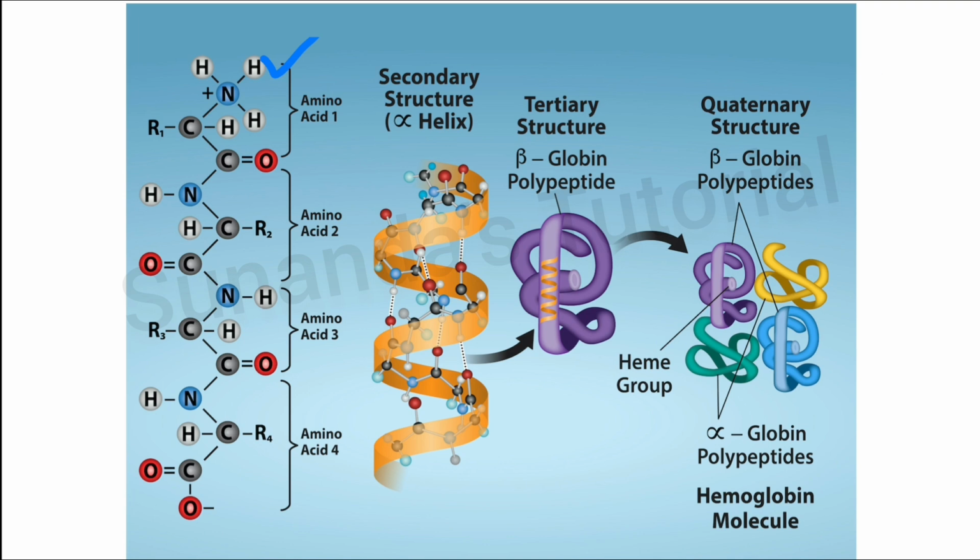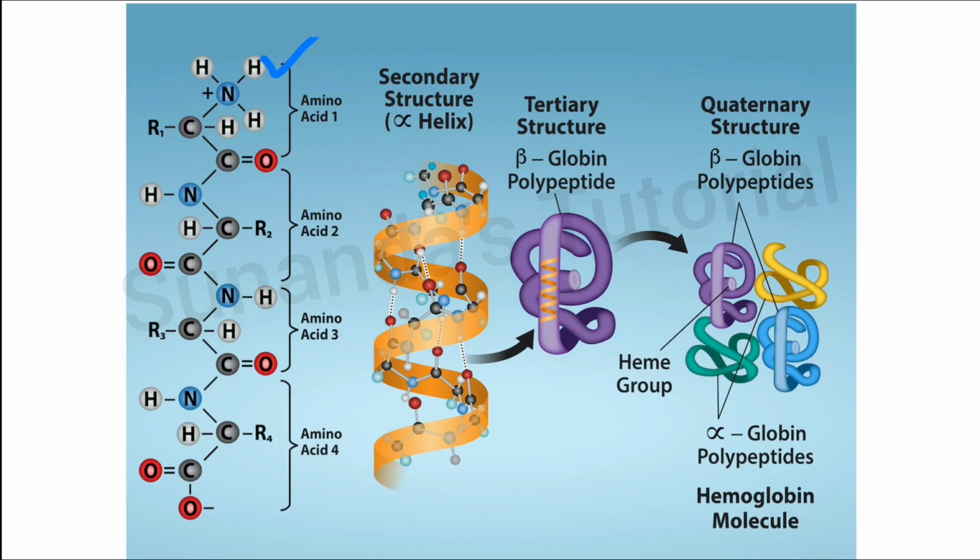Next, secondary structure. Secondary structure of proteins is the local repeating 3D shape of the polypeptide chain. It forms by the hydrogen bond between carbonyl oxygen and amide hydrogen atoms of the protein backbone. There are two main types of secondary structure.